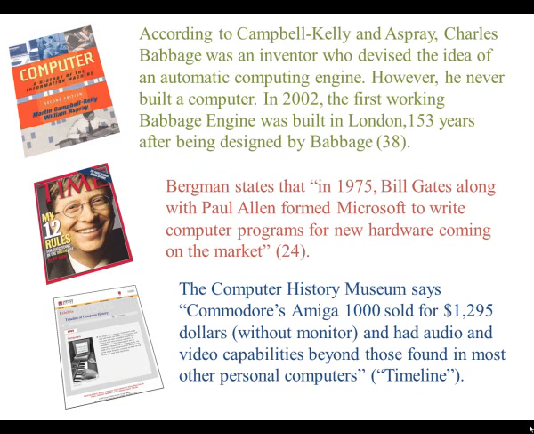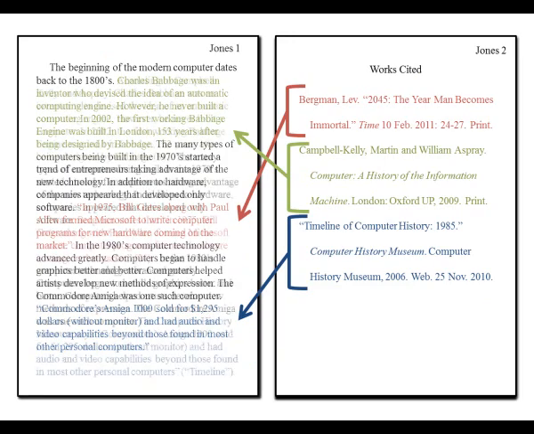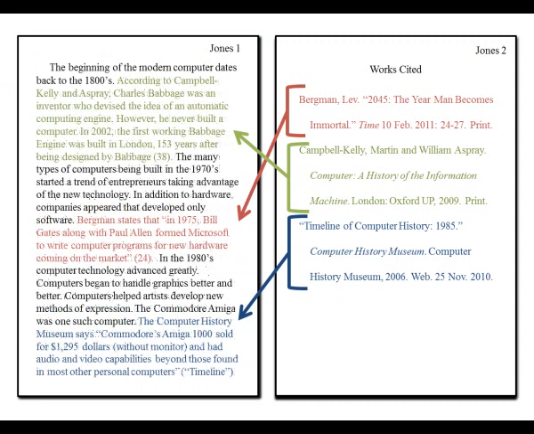Then you merely finish the sentence with a parenthetical reference containing a page number or other information. Notice how this works with our examples. Again, this is a second link between the material and the full citation on your works cited page.